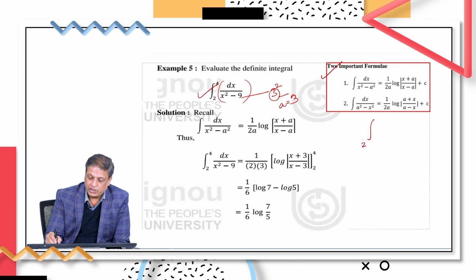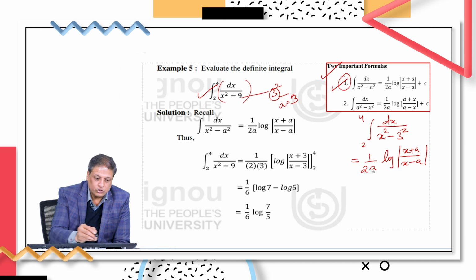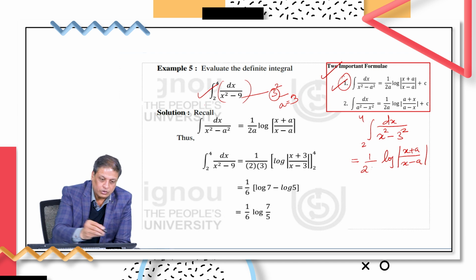So we can write the integral from 2 to 4 of dx upon x square minus 3 square and apply formula number 1. By formula number 1, it is 1 over 2a log of x plus a upon x minus a, and that is to be evaluated, and we know that a is equal to 3.